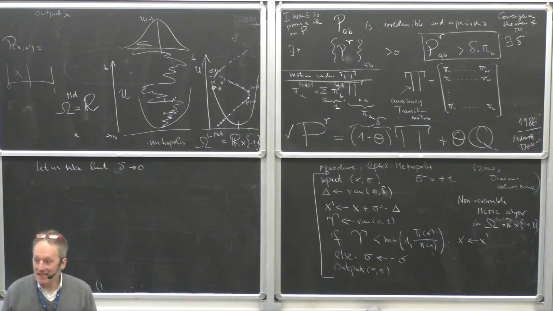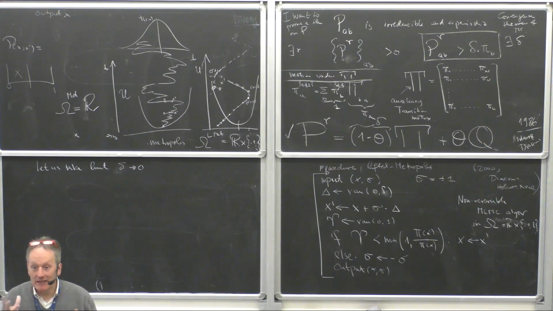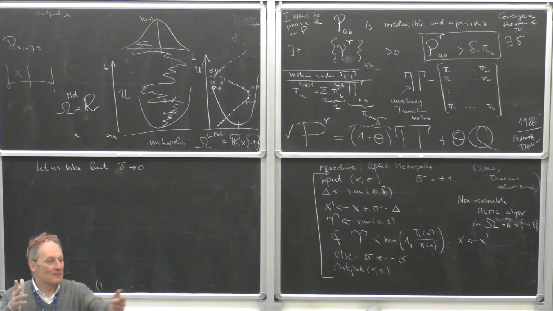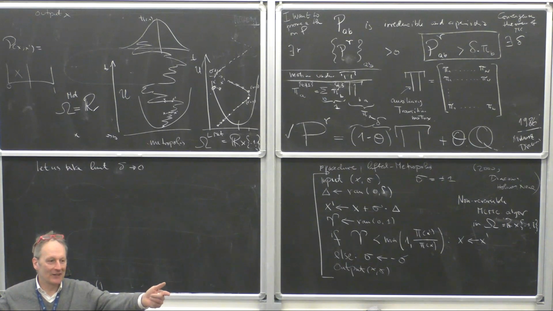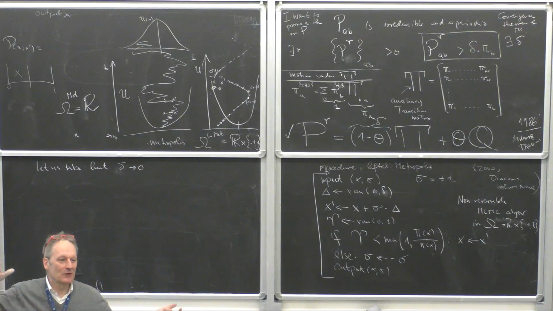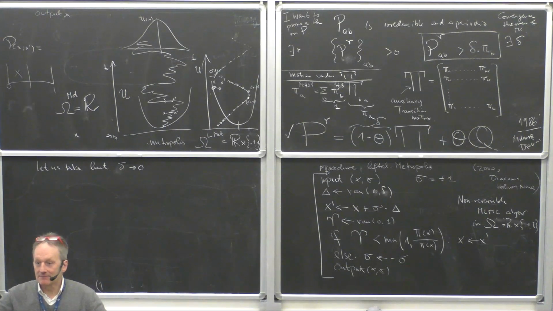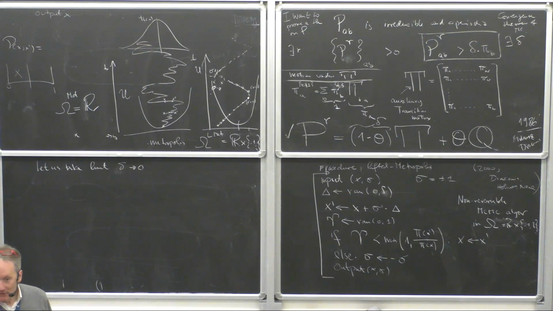We discussed before on the helipad that little delta was not a good idea. If you take delta equal to 10 to the minus 5, you wouldn't have made it in time for the lecture. So little delta was a bad idea. You understand that, right?